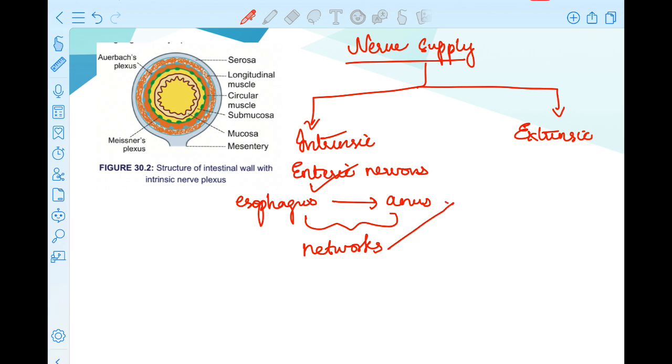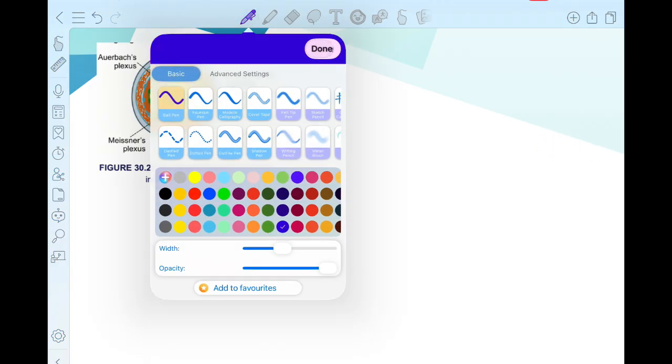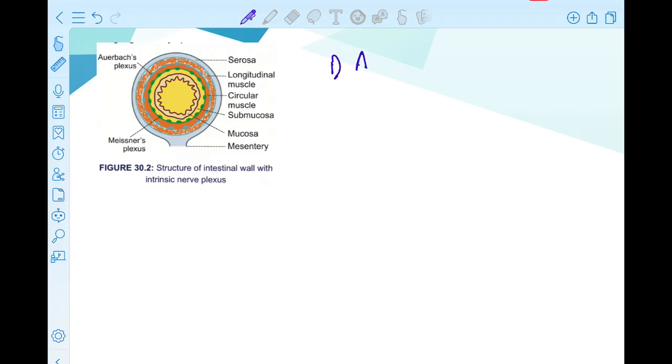There are two networks that the enteric nervous system makes, and the first one is Auerbach's plexus, which is also known as the myenteric plexus.